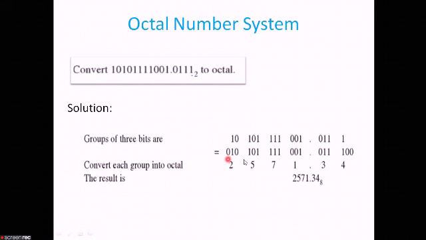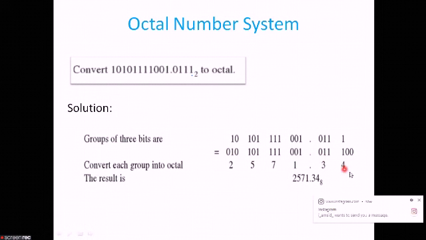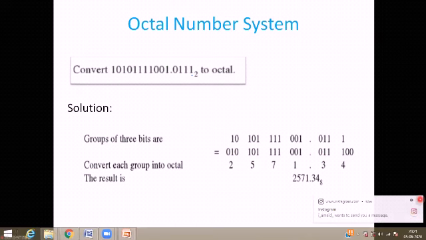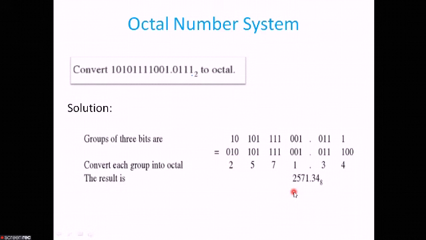This group is 2, this group is 5, this is 7, this group is 1, the point will be coming here. So this group is 3 and this group is 4. So the result is 2571.34 to the base 8. This base 8 signifies that this number has been converted to an octal number. I hope this is also clear.